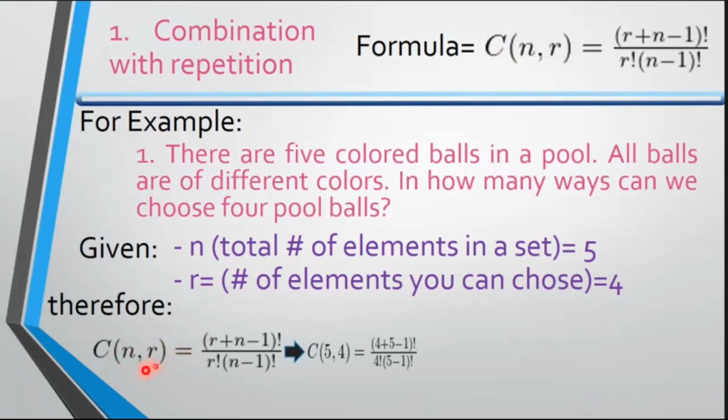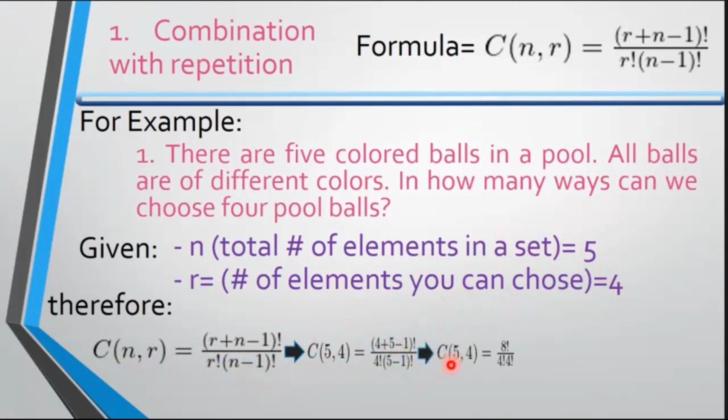So C(5, 4) equals r is 4 here, then plus n is 5, so (4 plus 5 minus 1) factorial over r is 4, then factorial, open parenthesis, n is 5, then minus 1, close parenthesis, factorial.